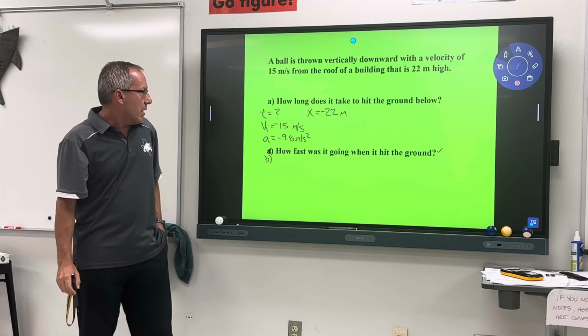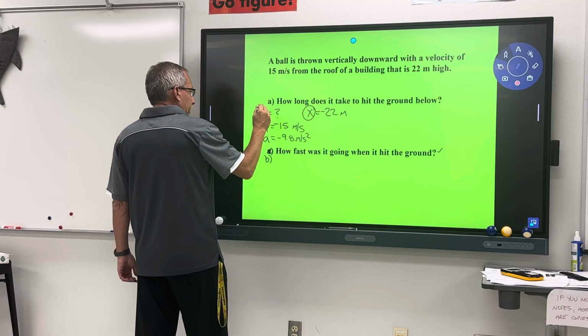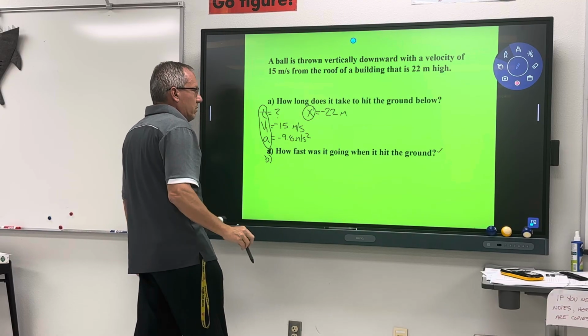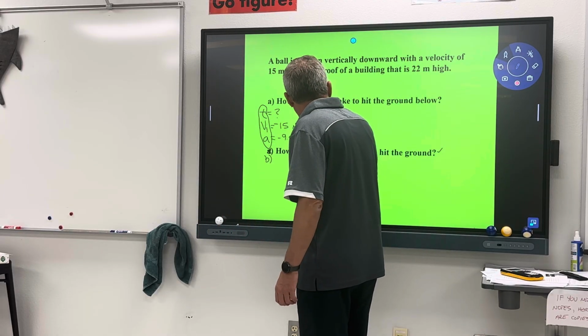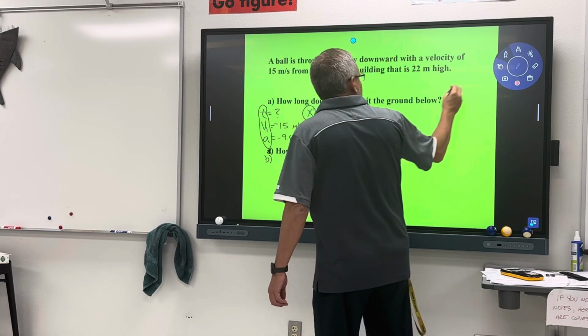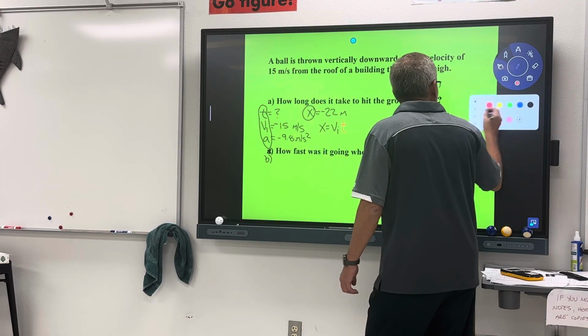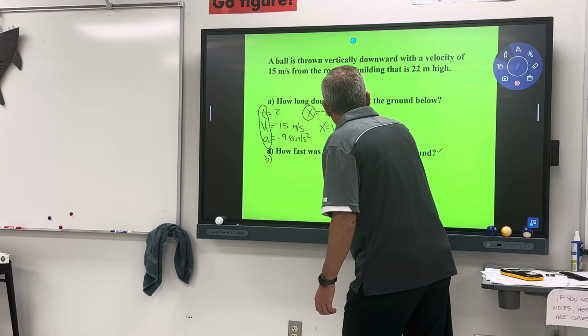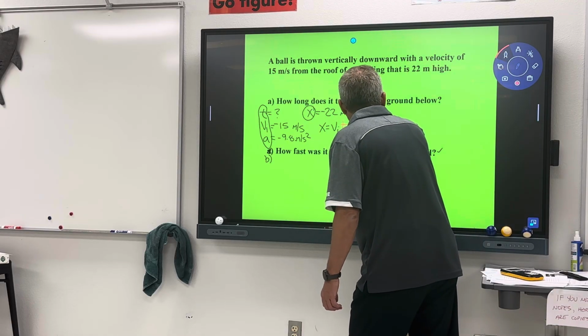All right. Now, we need to use an equation with displacement, time, initial velocity, acceleration. And it's going to be this one. Displacement equals initial velocity times time plus 1/2 a t squared.